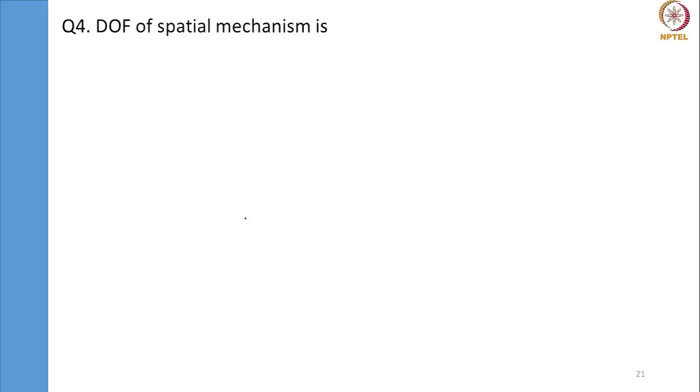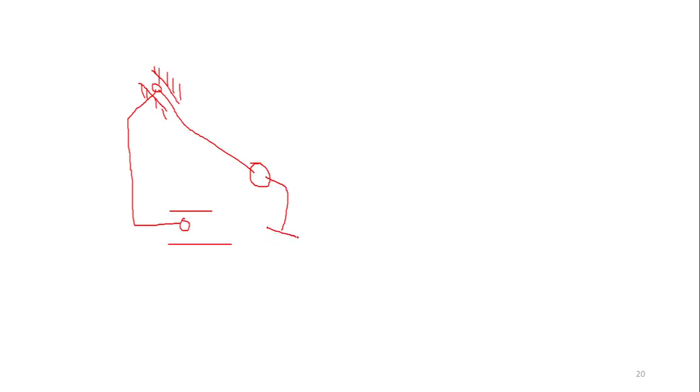Then I have one spheric joint here and one cylindric joint here. This is attached to ground. I'll name the links first. This is my link 1, link 2, 3, and this is ground 4.